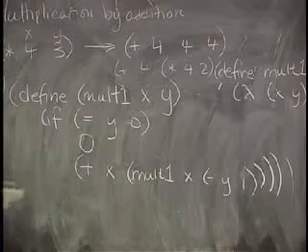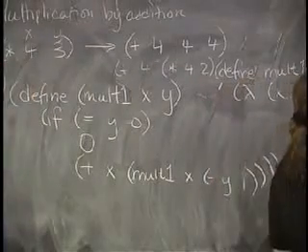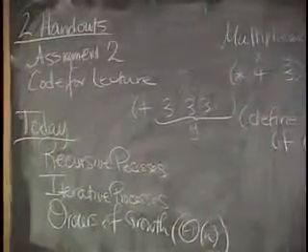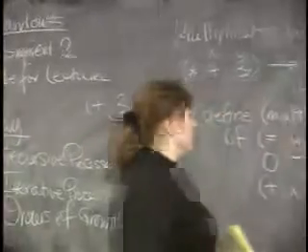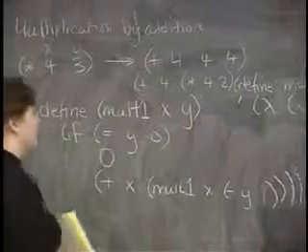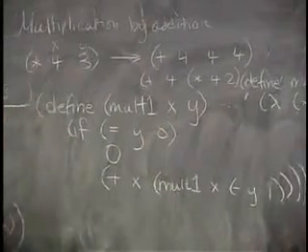Okay, so let's look at the substitution model for mult1. Let's evaluate mult1 3 4. Let's do this a little more informally than we were using the substitution model yesterday. So 3, 4. Is 4 equal to 0?